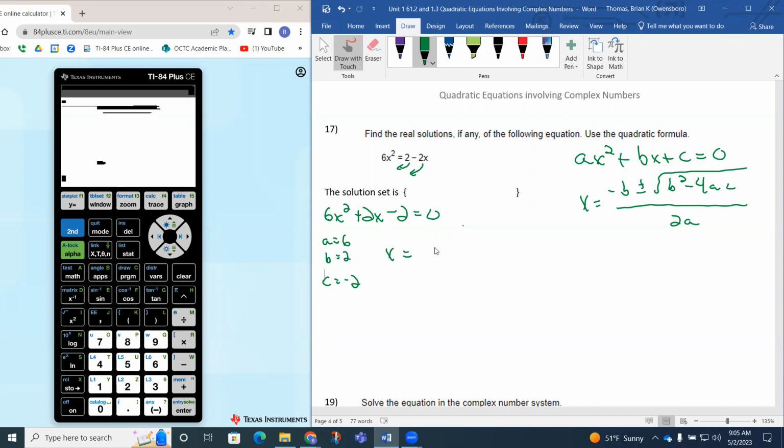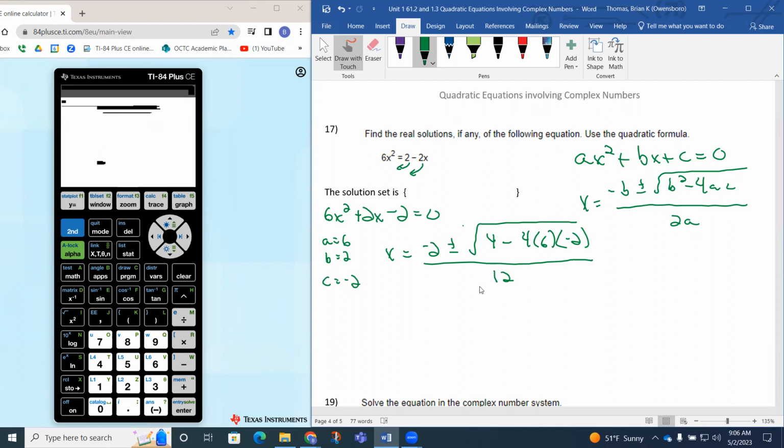So using the quadratic formula, we first have to take the opposite of b. So the opposite of b is going to be a negative 2 plus or minus the square root of. So we have this b squared. So 2 squared, which is actually 4, minus then 4 times a, which is 6, times c, which is negative 2. And then we're going to divide all that by 2 times a. So 2 times 6 would be 12.